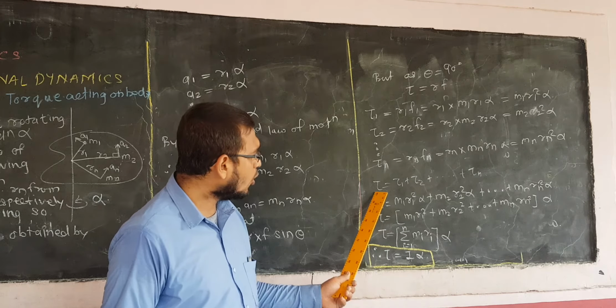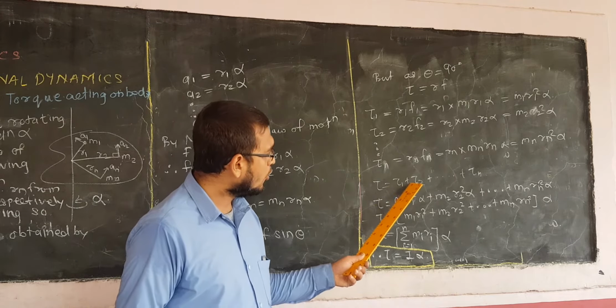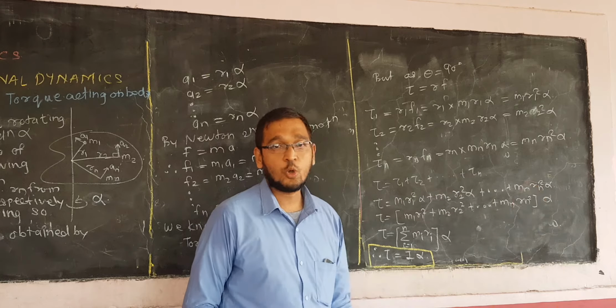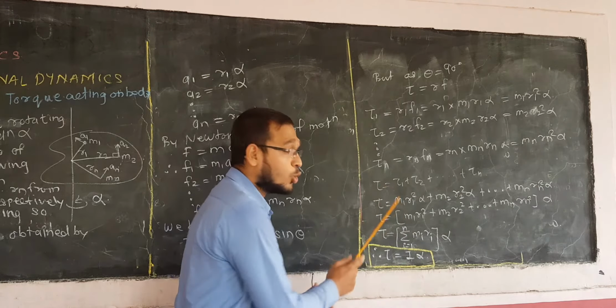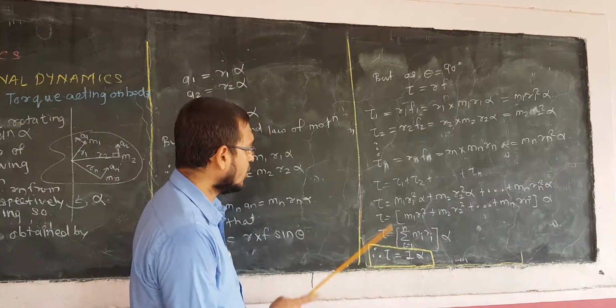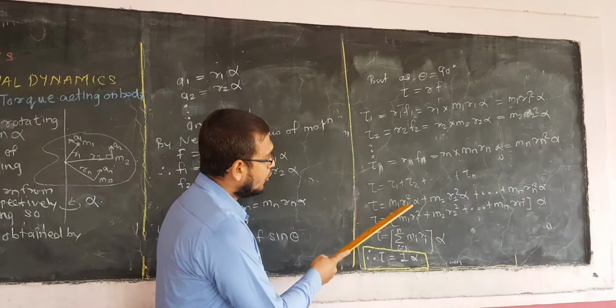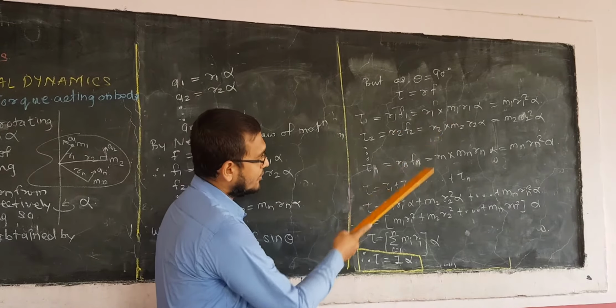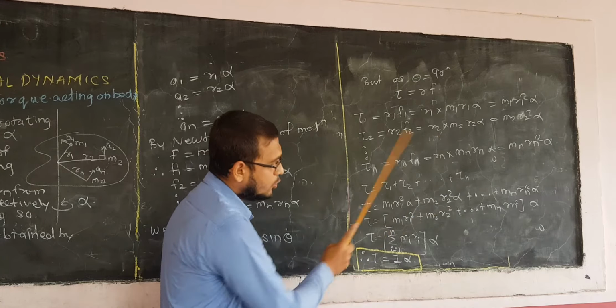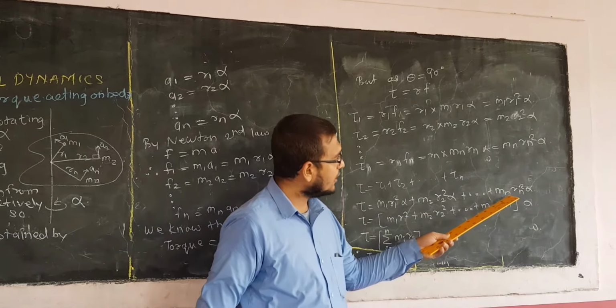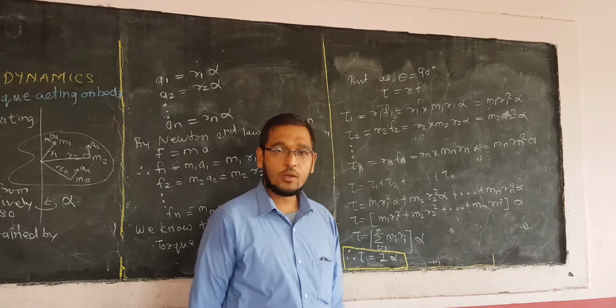Now the total torque acting on the body is the summation of all these torques. So the total torque tau, the Greek letter tau, is equal to tau 1 plus tau 2 plus and so on up to tau n. Put the values: tau 1 is m1 r1 square alpha, tau 2 is m2 r2 square alpha, and tau n is mn rn square alpha.